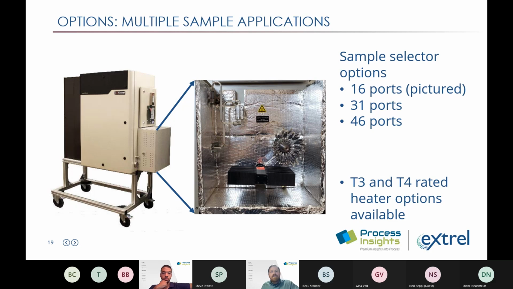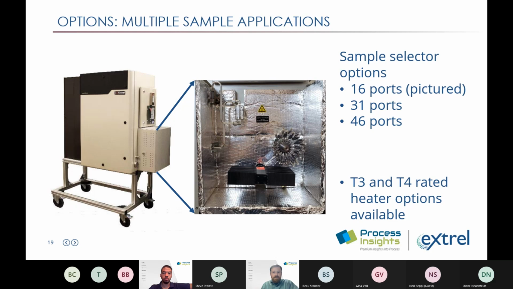And in this unit, you can see this is the sample selector box here on the side of the system. The picture in the middle is it blown out. And this component here is a multi-port sample selector. Those ports are usually connected certainly to the flare, or if it's looking at more than one flare, to multiple flares. And then additional positions will be plumbed to calibration bottles.